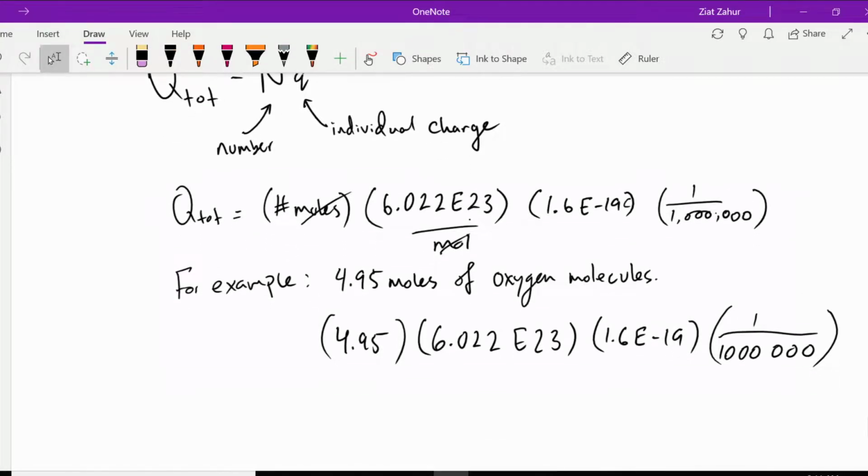Okay, and that should equal, I don't know, let me plug it in to wolframalpha.com. 4.95 times 6.022 times 10 to the 23rd times 1.6 times 10 to the negative 19, and then divided by 1 million.